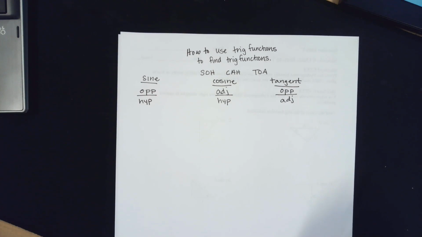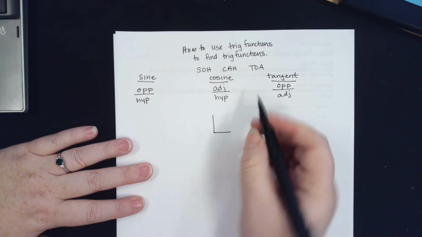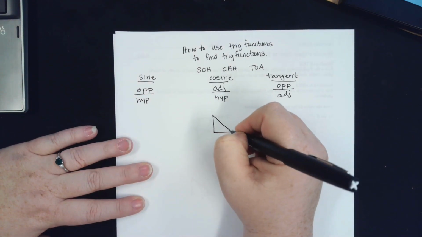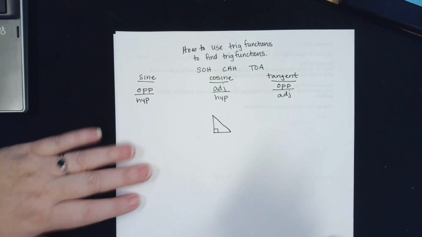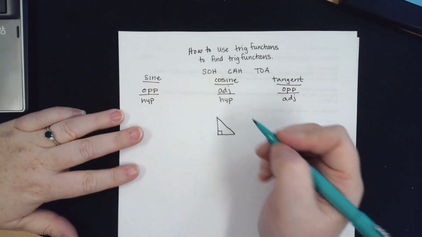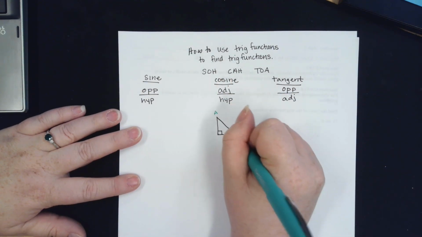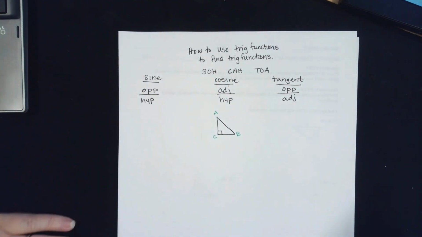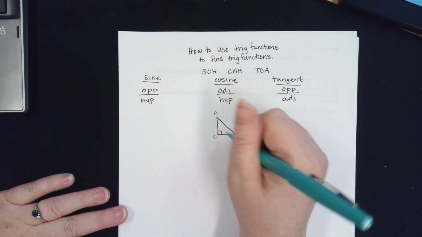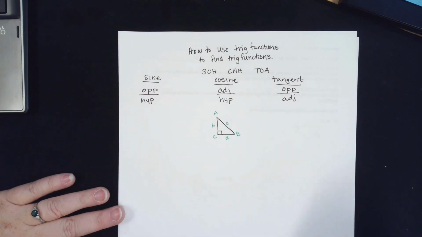So let's review what the parts of the triangle are. We're always dealing with a right triangle. With these problems, you can really pick where your theta, or the angle that you're looking for, is. So I'm just going to name this one A, B, C. Then I'm going to name the opposite sides with the lowercase of those letters.